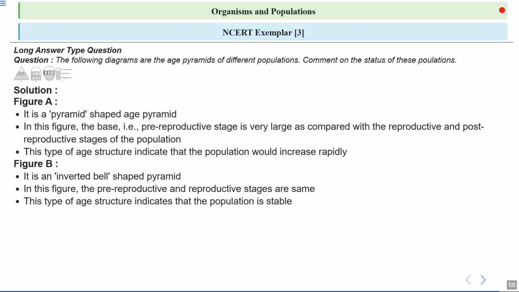The number of births is roughly equal to the number of individuals leaving the reproductive stage, so the population size is likely to remain steady over time. You can say the number of births is equal to the number of deaths, or the number of individuals added is equal to the number of individuals removed from the population. So the population remains stable.